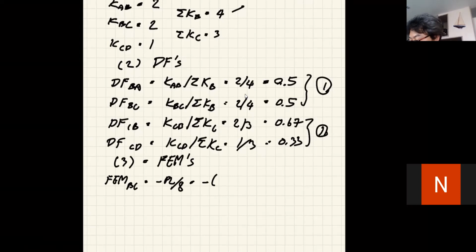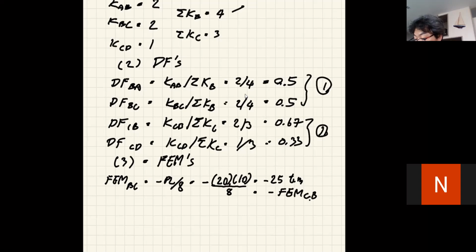You guys got that in the document, right? L is 10, over 8, so that's minus 25 ton meter, and this is equal to minus FEMCB, which becomes 25.